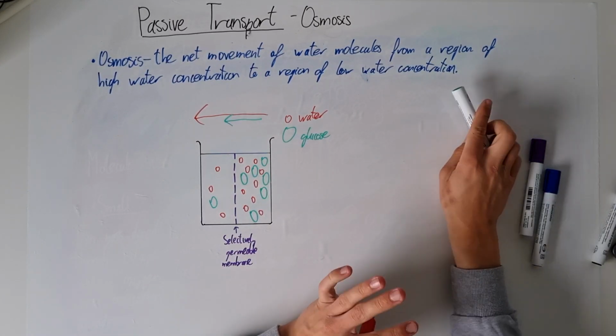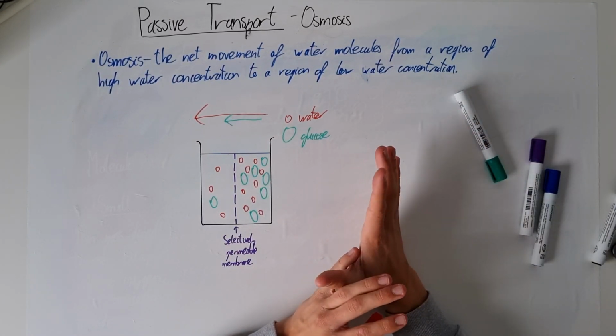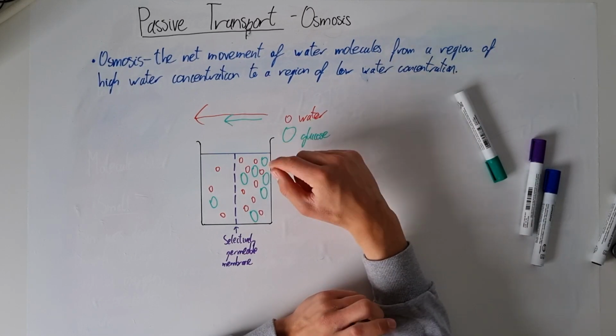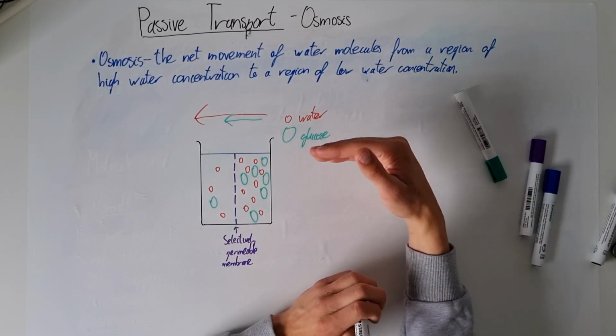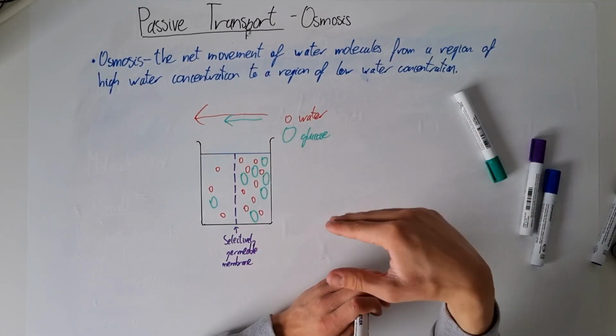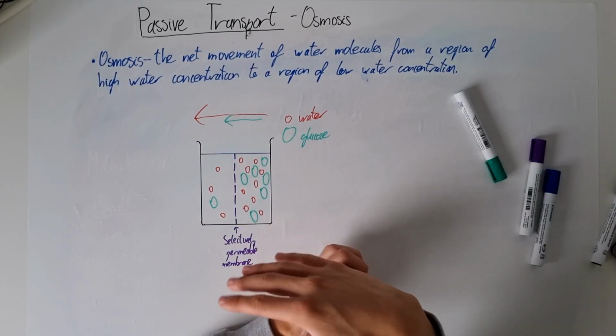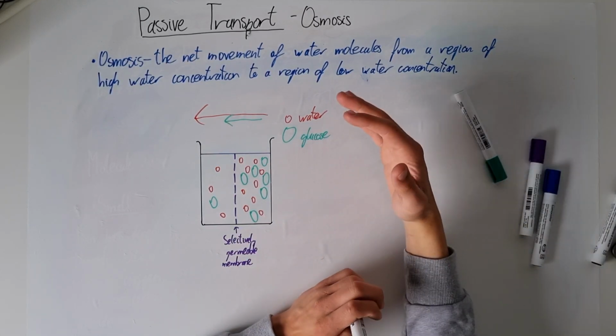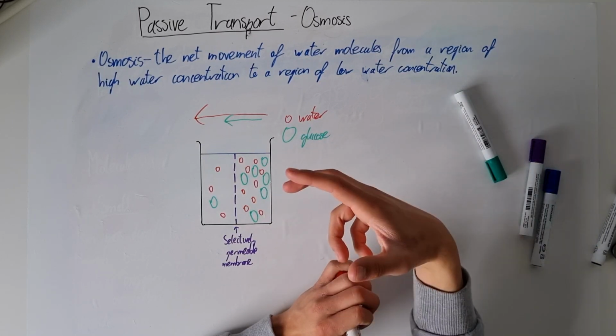And this is mainly because it's a selectively permeable membrane, and the water, because it's smaller, moves through the selectively permeable membrane a lot faster than perhaps the glucose would. But they would both diffuse.